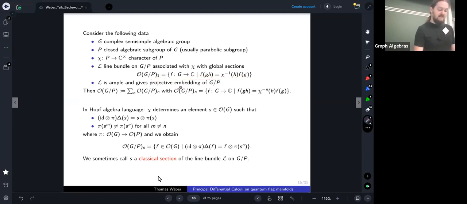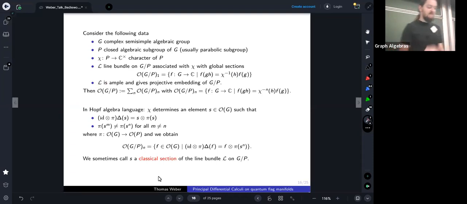You take the functions from G to C that are linear under the right P action in this way. So g is in G, h is in P, and it's linear in the sense that you can pull out the h under this chi minus 1.